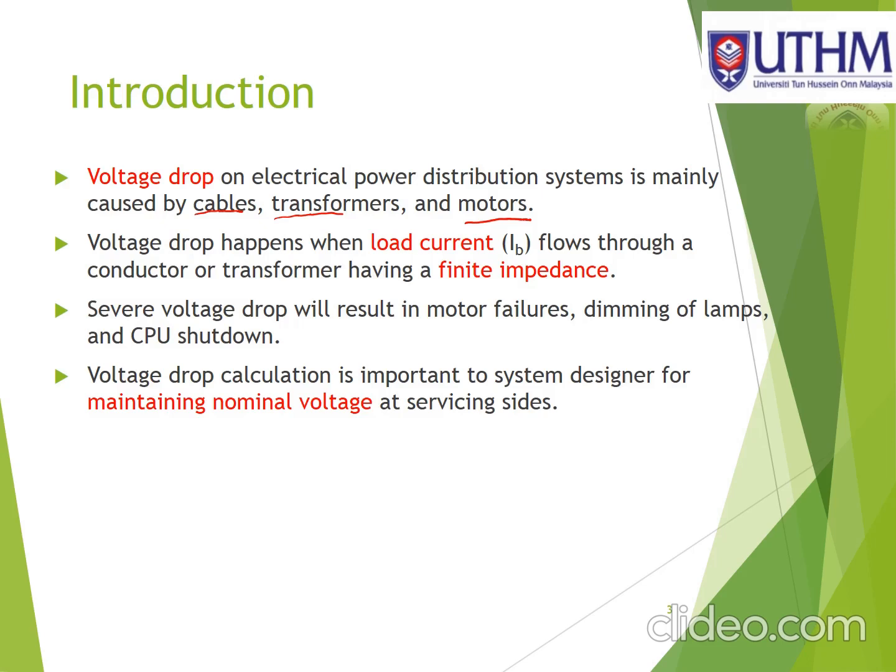Severe voltage drop will result in motor failure, dimming of lamps, and CPU shutdown. So voltage drop calculation is important for us to design to maintain the nominal voltage at the servicing site.